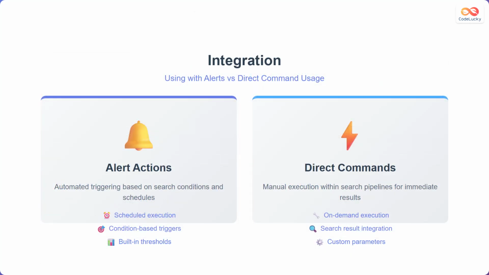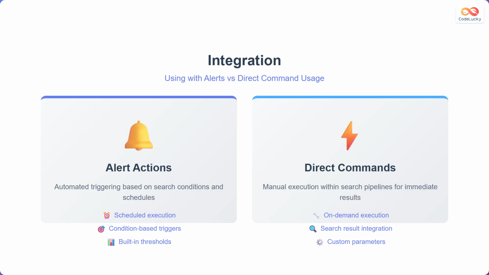The send email command can be used in two primary ways, through alert actions or as direct commands in search pipelines. Alert actions provide automated triggering based on search conditions and schedules, with features like scheduled execution, condition-based triggers, and built-in threshold monitoring. This approach is ideal for ongoing monitoring and automated responses.